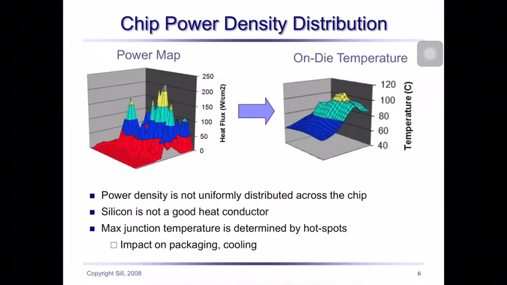So this causes certain areas to have higher temperature than the others. And as you can see here, the on-die or on-chip temperature can go up to very high temperatures, above the boiling point of water, greater than 100 degrees. So because of this high temperature, it causes impact on packaging and cooling.